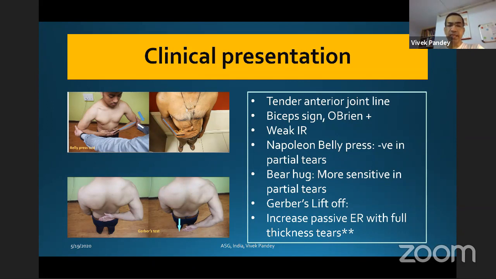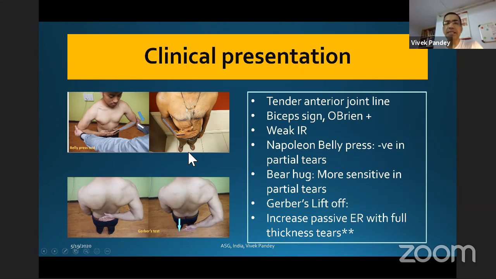Gerber lift-off is a fantastic test, but I usually avoid doing it because often it happens in my hands that my patient doesn't understand what exactly to do. And if it is a stiff shoulder, then the patient cannot internally rotate, hence doing the Gerber's test is difficult. So I usually rely on the belly press sign, where on the normal side, the angle between the hand, wrist, and the forearm is almost a straight line, whereas if it is a torn one, you can see an angle coming up here.